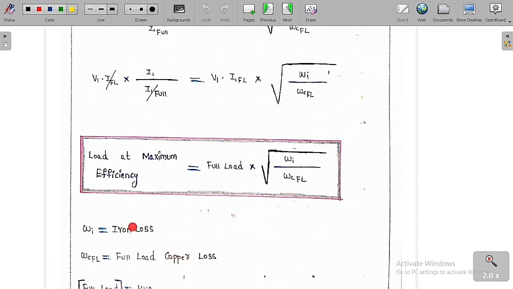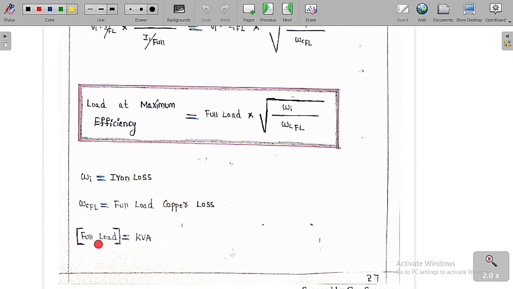Wi is called the iron loss and WCFL is called the full load copper loss. The unit is KVA. So this is the load KVA at which maximum efficiency occurs, equal to X times the rating of the transformer, where X is equal to under root of Wi by copper loss at full load.